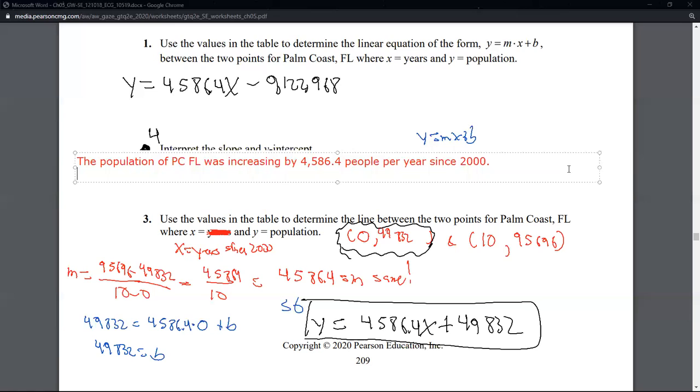Then the intercept, we can say that in the year 2000, which is 0 years since 2000, the population was 49,832, which makes perfect sense.